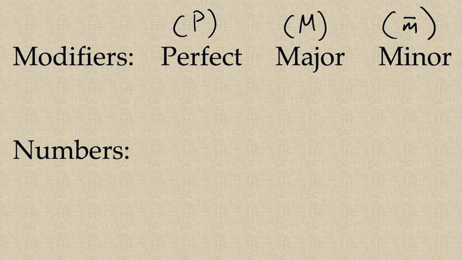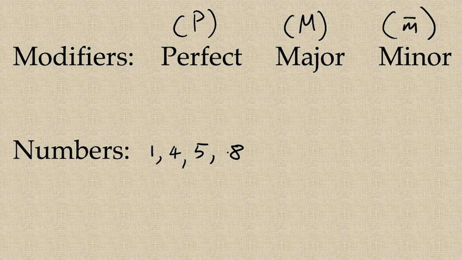I usually put a little dash above the lowercase m so that we can make a distinction between major and minor. And for the perfect modifier, we use it on these intervals: the unisons, the fourths, the fifths, and the octave. We don't use perfect on the other intervals.